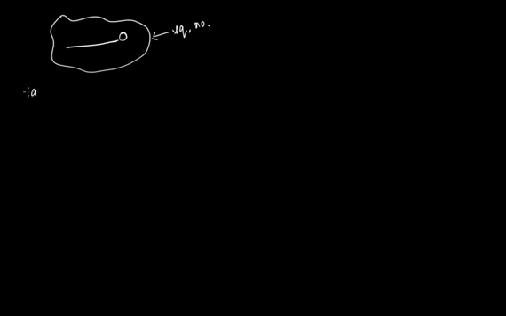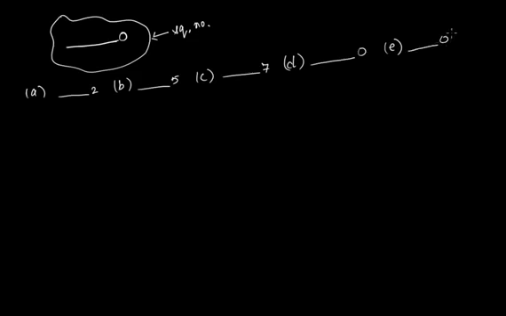And 4 options are given to you: this is a square number of a number that ends in 2, this is the square number of a number that ends in 5, C option is of a number that ends in 7, D option is of a number that ends in 0, and another E option is another number that ends in 0. So you have to tell, out of these 5 options, which is that number whose perfect square is this number.